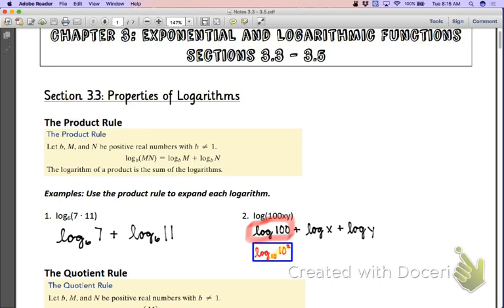Again, I'm not sure if I completely simplified this out, to be honest with you. So what's here is just 2, and if I rewrite this, it's 2 plus log of x plus log of y.